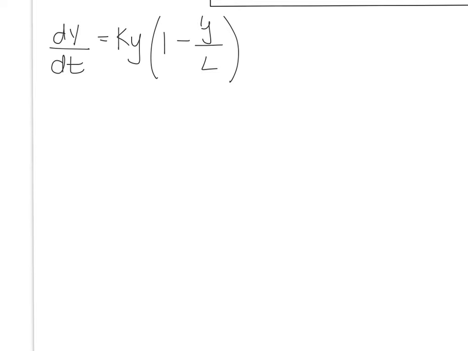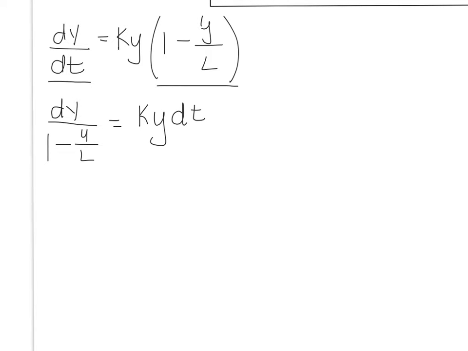I am going to divide both sides by this entire quantity here, and in that same step, just to make it not so bulky, I'm going to multiply both sides by dt, so that I will have dy over 1 minus y over L equals ky times dt.